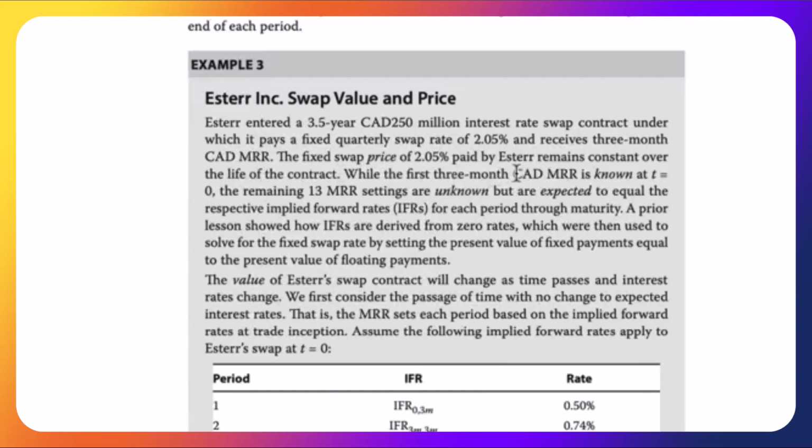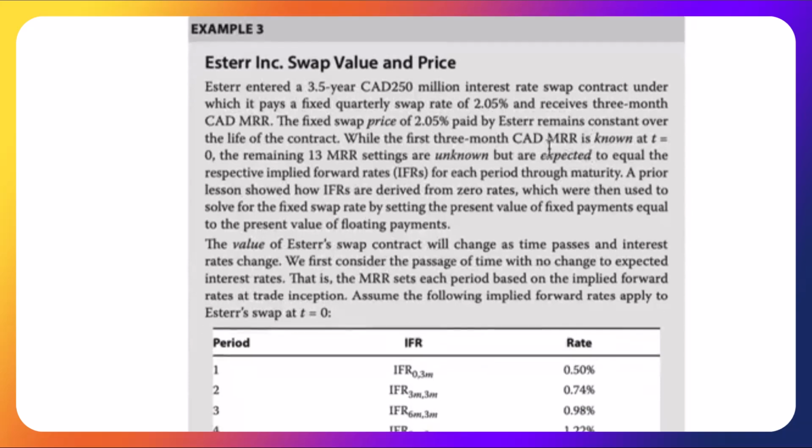While the first 3-month MRR is known at t equals 0, and the first floating rate is really just the 1 period spot rate. It's the spot rate we would expect to see for a 3-month cash flow. The remaining 13 MRR settings are unknown, but are expected to equal the respective implied forward rates for each period through maturity.